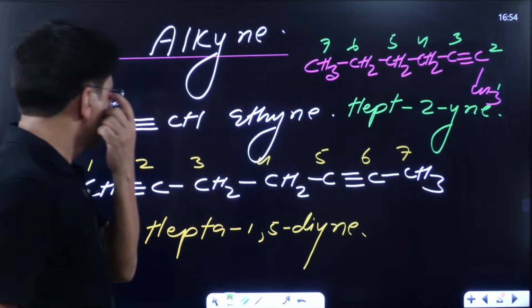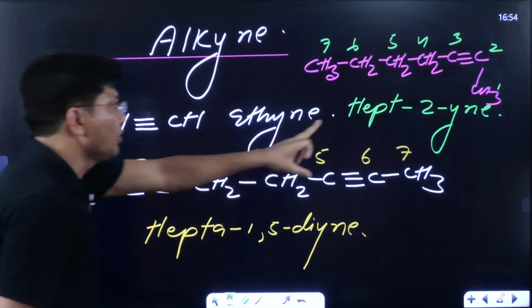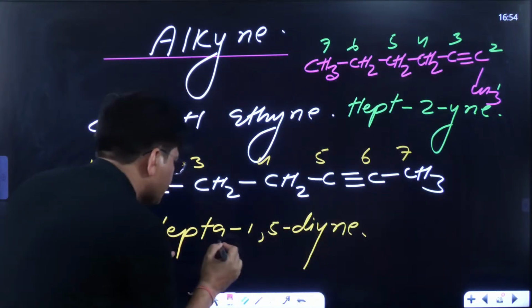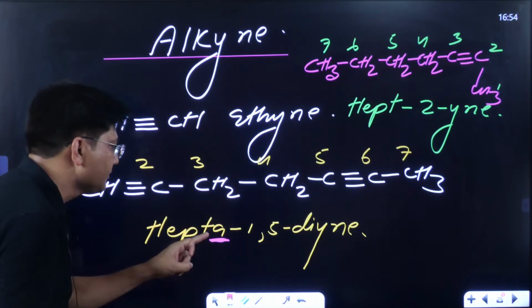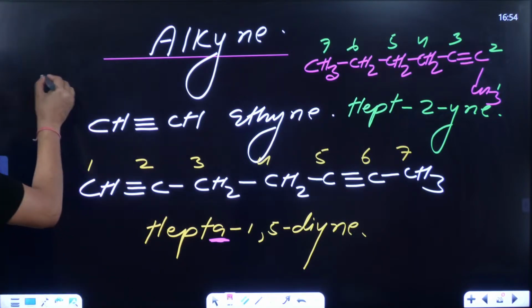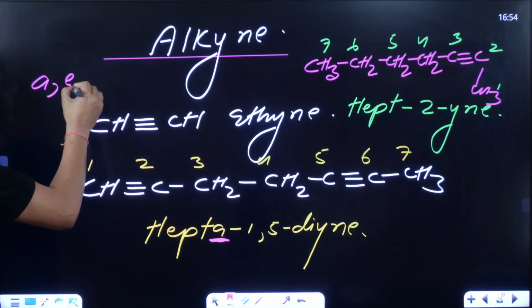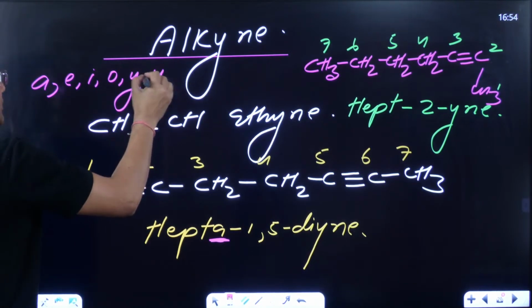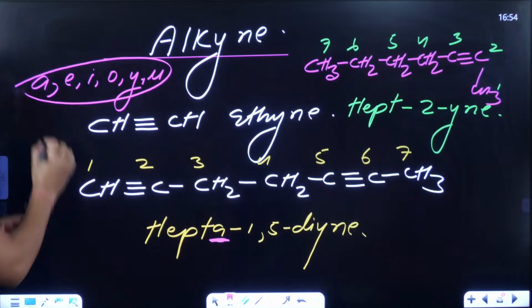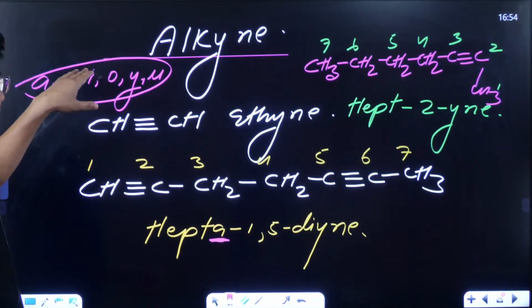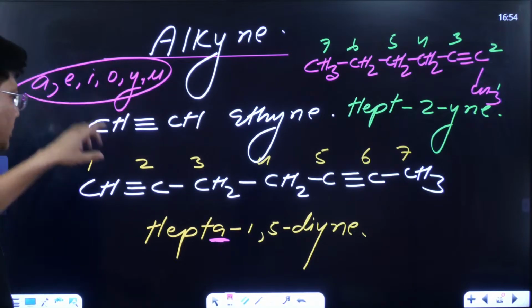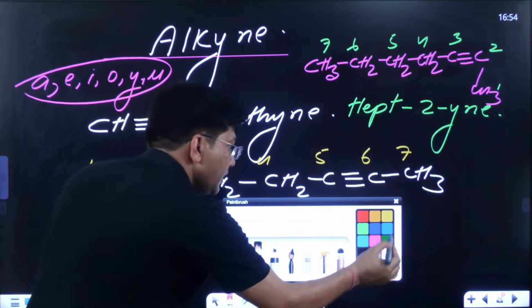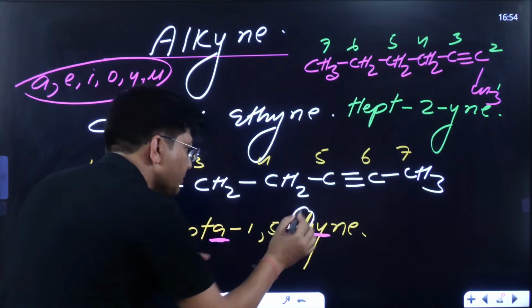Everyone, do let me know, can you see the difference? There is only hept and there is hepta. Hepta, this A is over here. Why? In chemistry, 6 vowels are there: A, E, I, O, U, and Y. In English there are only 5 vowels, but in IUPAC chemistry there are 6 vowels. This is a vowel, that is a vowel, but this D is a consonant.